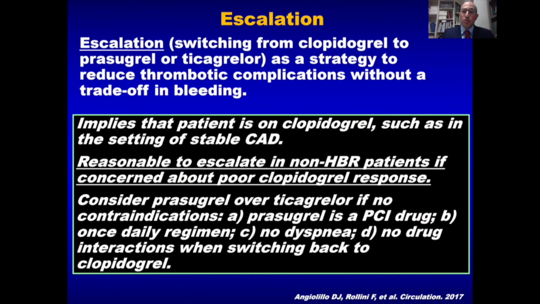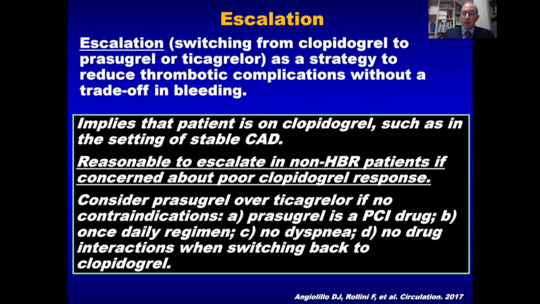When it comes to escalation, this implies that a patient is on clopidogrel, such as a patient with stable CAD, and it's a reasonable approach if the patient is not at high bleeding risk and you're concerned about poor clopidogrel response. In my practice, I consider prasugrel over ticagrelor if there are no contraindications, simply because prasugrel is a true PCI drug.